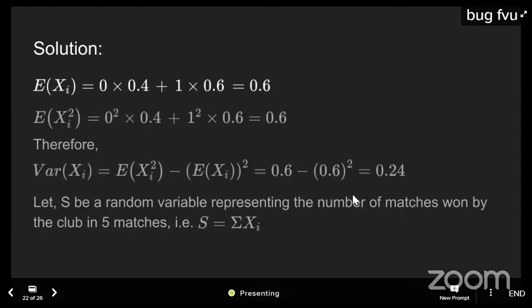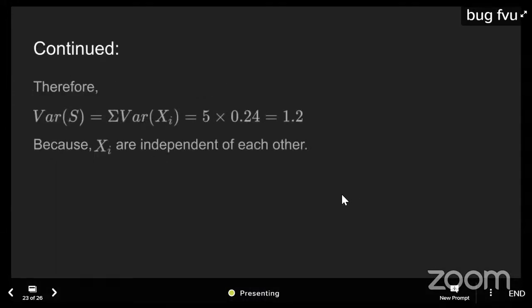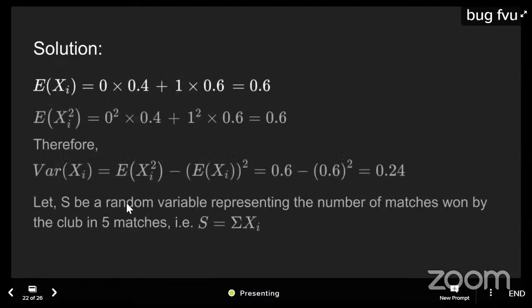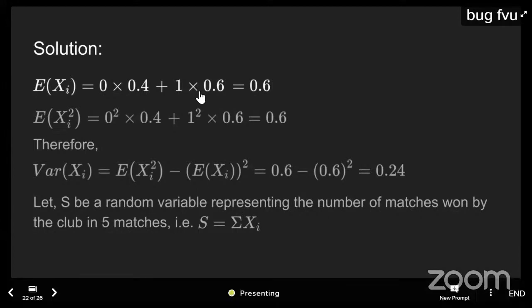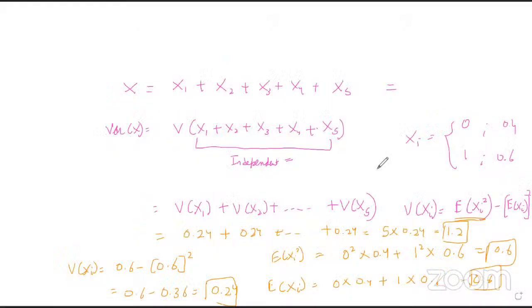Sir, I assumed xi equal to x1 equal to x2 and so on up to x5, so variance of 5x equals 5 square into variance of x. But here these 5 are not equal.